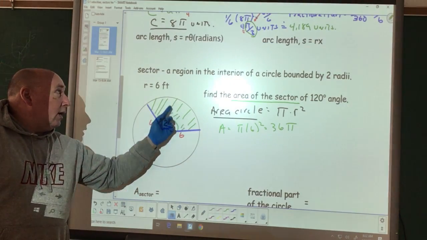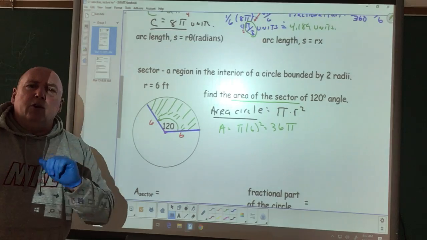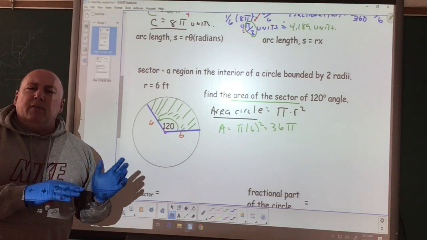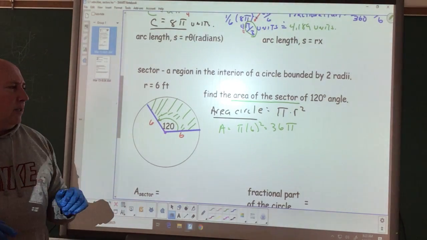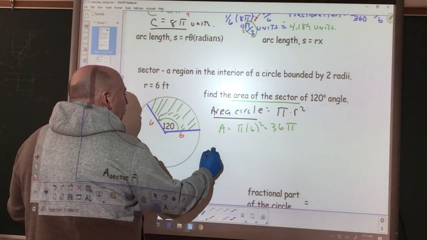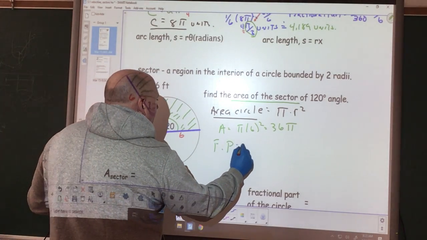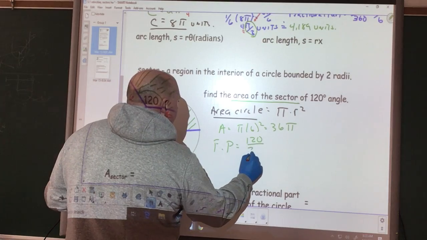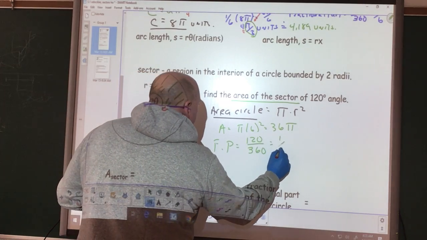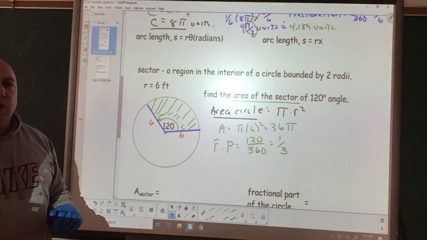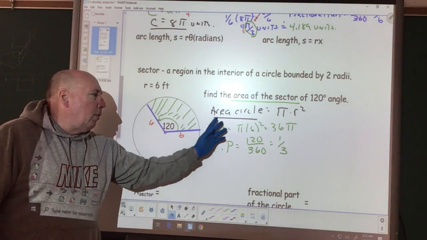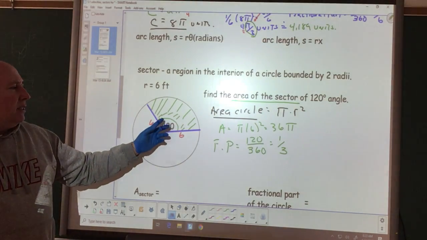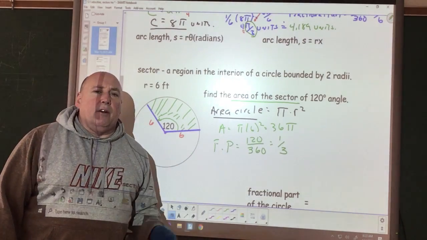Well, let's take a look like we did up above, 120 degrees. What part of the circle is 120 degrees? We can look at this fractional part of 120 divided by 360. This is 1/3 of the circle. So what we want here is the area of the sector, which is going to be 1/3 of the area of the circle.